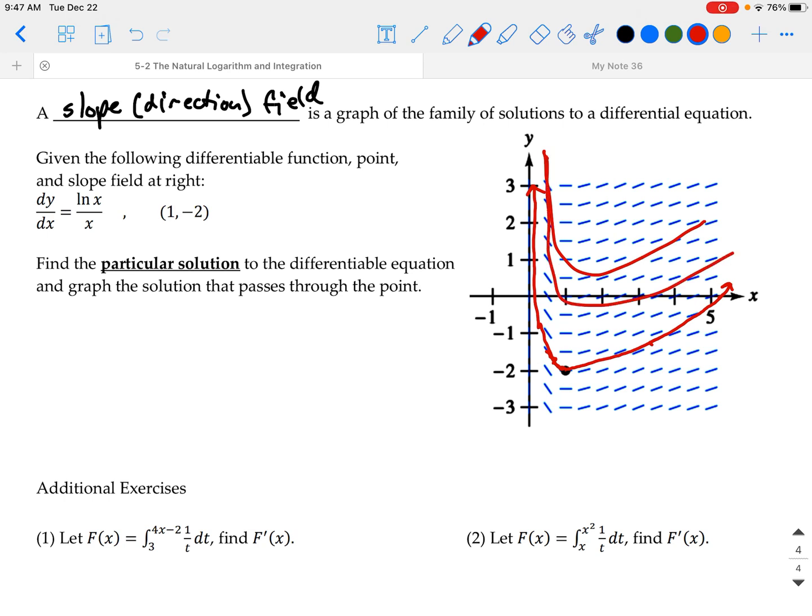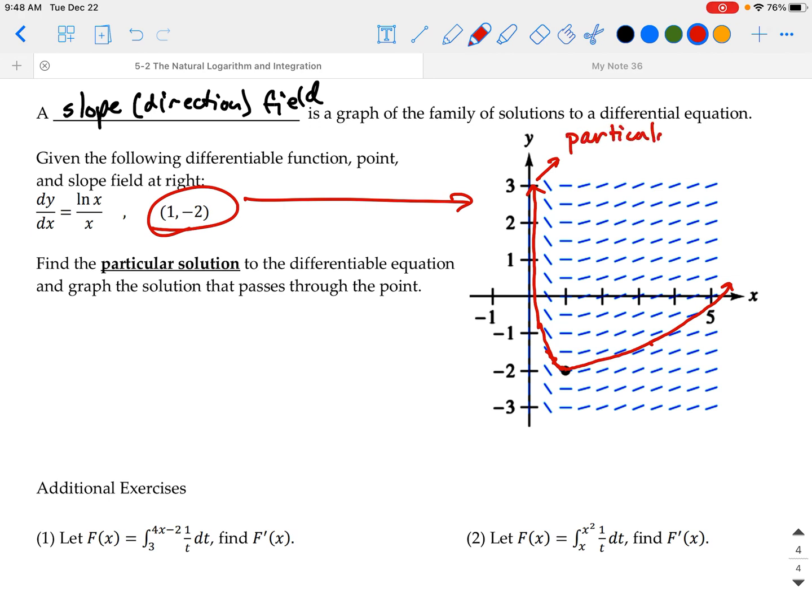So we could draw an infinite number of them vertically shifted up or vertically shifted down. So this red curve that satisfies this particular value at 1, -2 is called the particular solution. And it's particular because we know enough information.